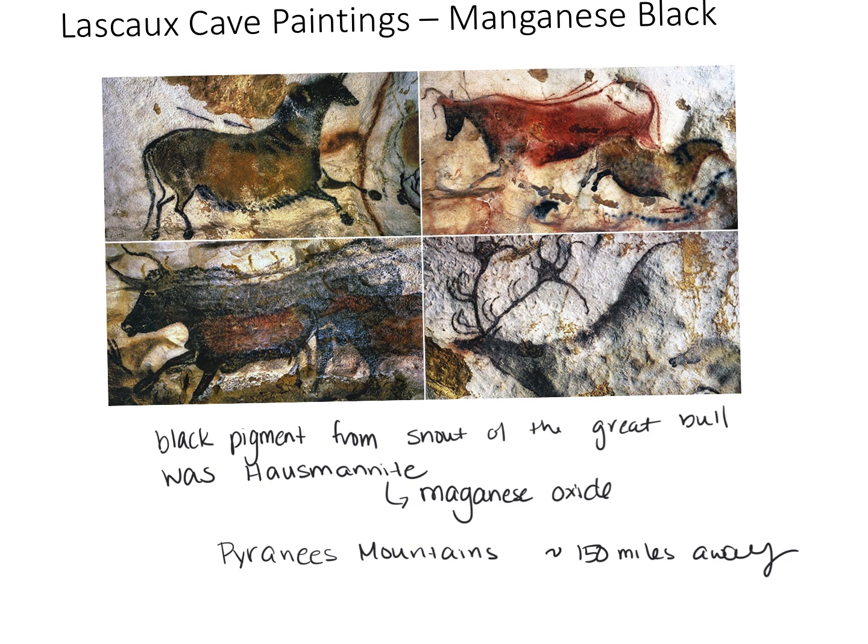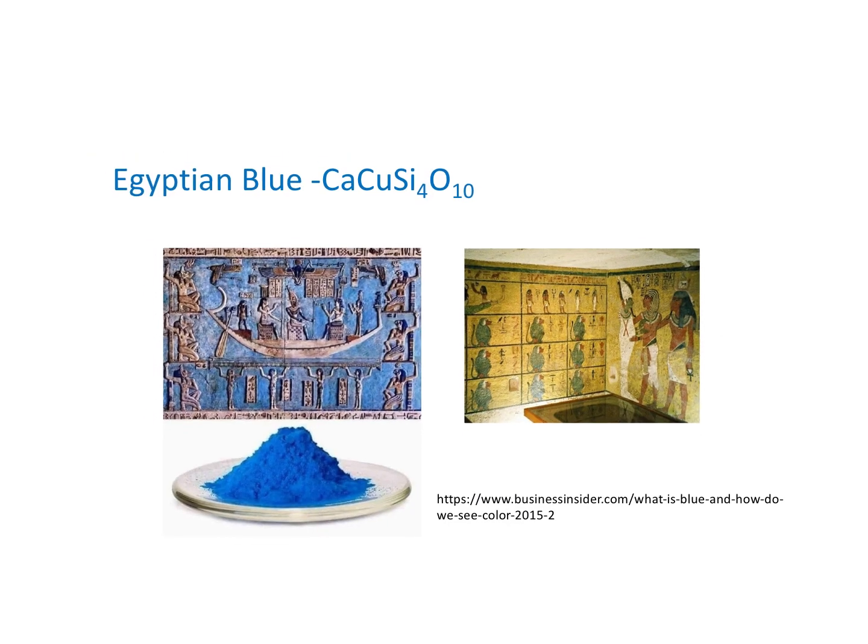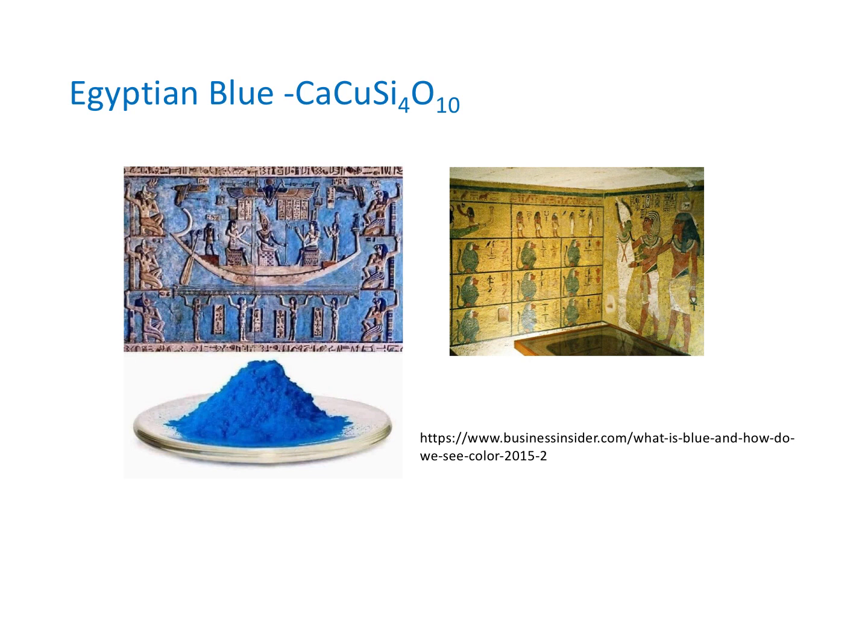Now, another really interesting pigment that we find is Egyptian blue. This is really considered to be the first synthetic pigment.